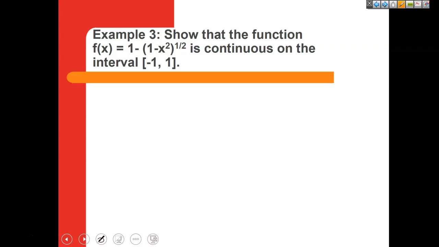So it's reflected. However, it's also shifted and reflected again because the x is negative inside the square root also. It's going to be a little cup, a little bit of a bowl.